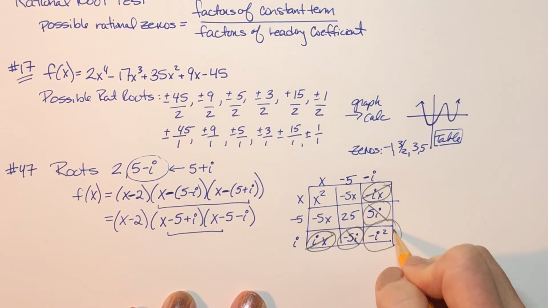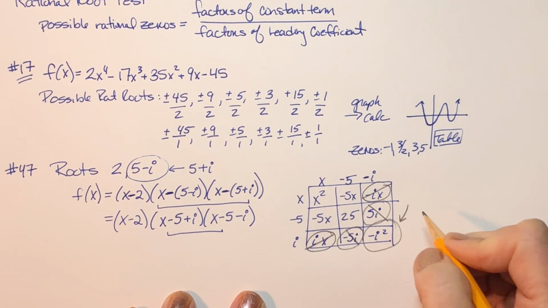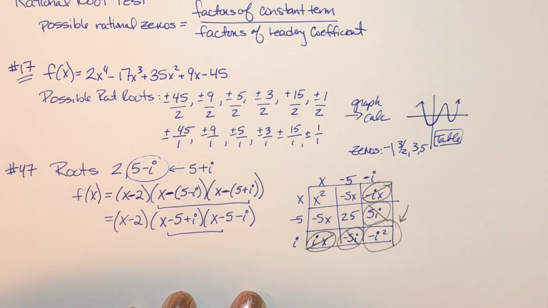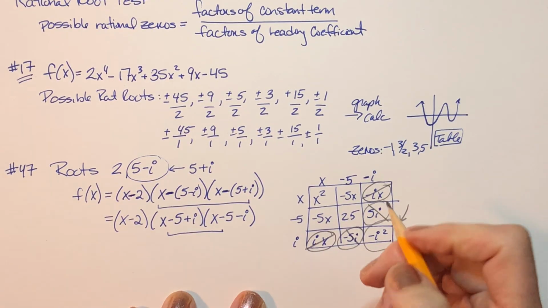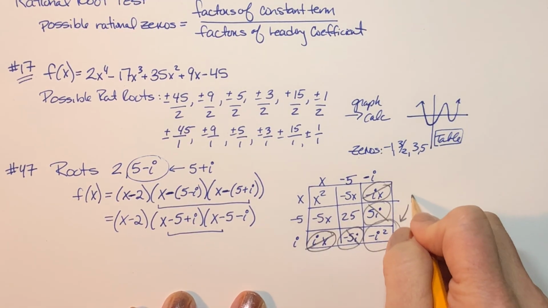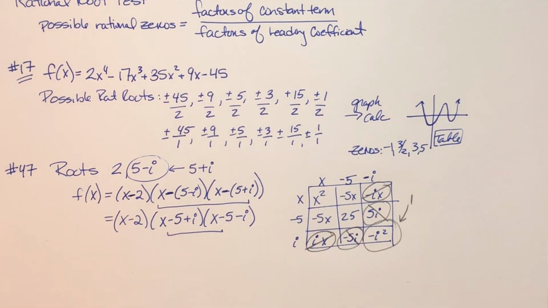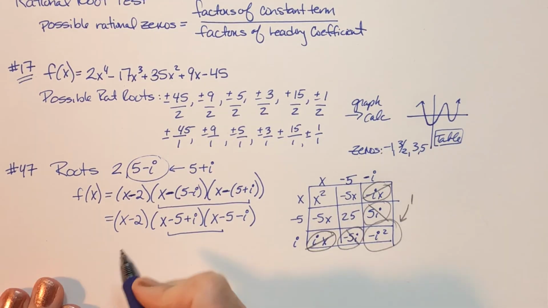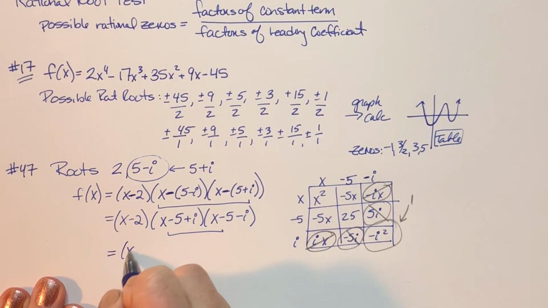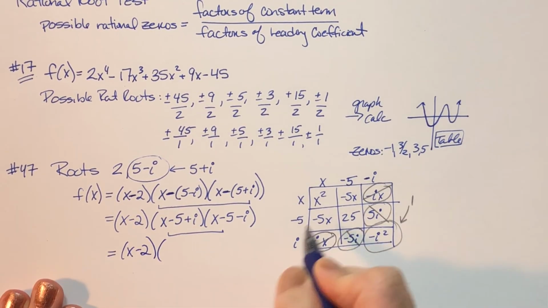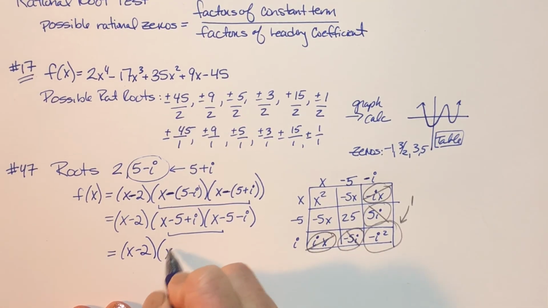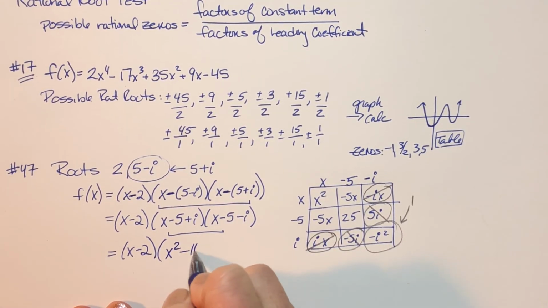And I know what i squared is. i squared is -1, isn't it? So it's the opposite of -1, so that's just going to be 1. So when I simplify this whole beautiful problem, I'm going to be left with x squared minus 10x plus 26.